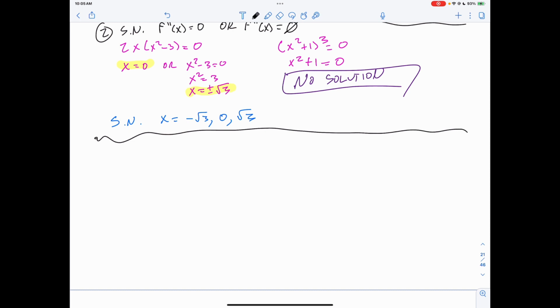And we're going to put that into our chart. So we have our intervals.